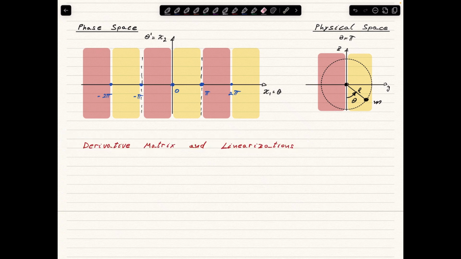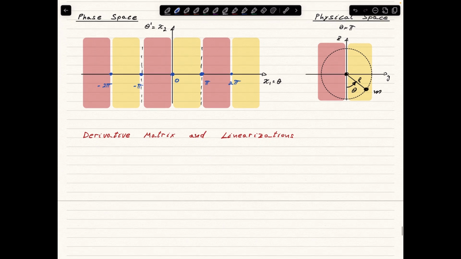And now let's keep working with the linearization method, and let's compute the derivative matrix and its linearization, which now are infinitely many.